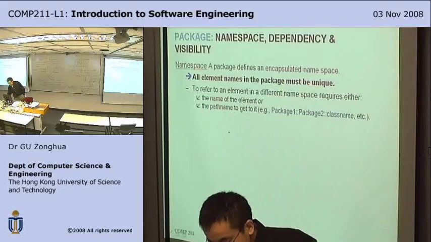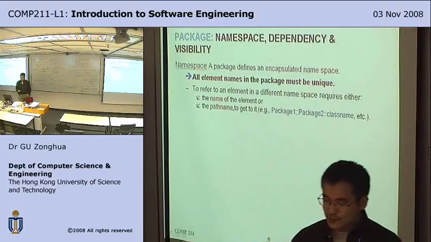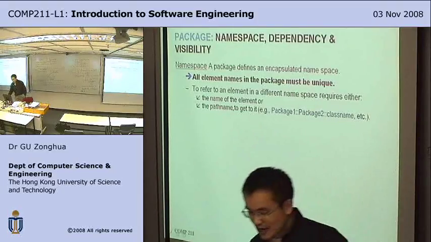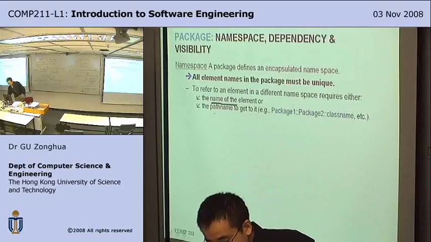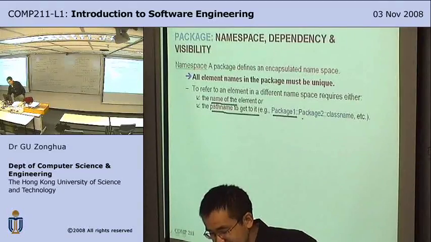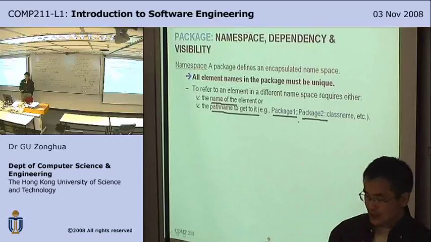So to refer to an element in a different namespace, you must specify the name of the element plus the path name to get to it. So package 1 : package 2 : class name.